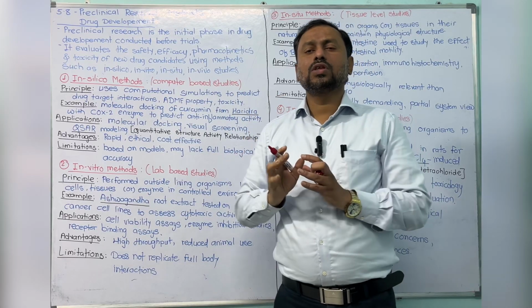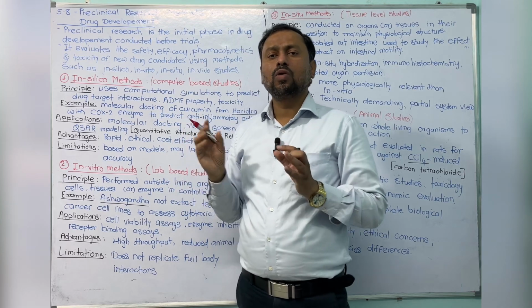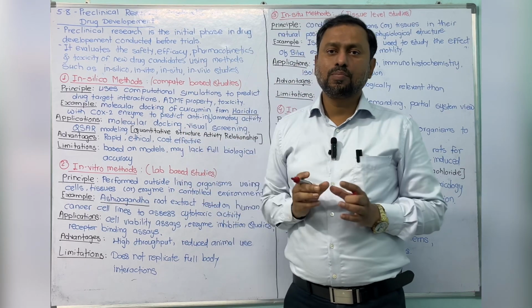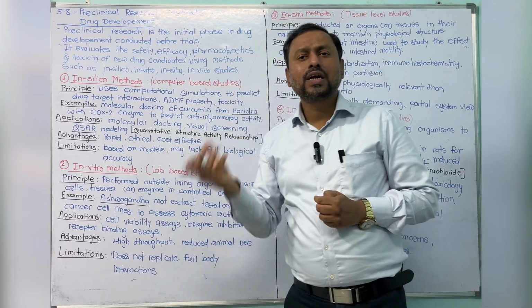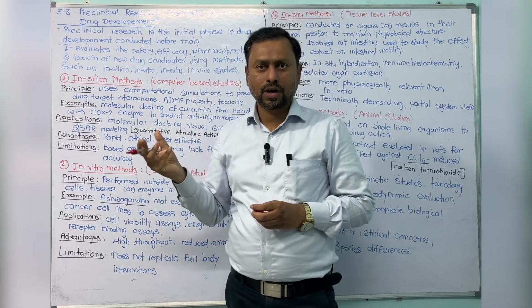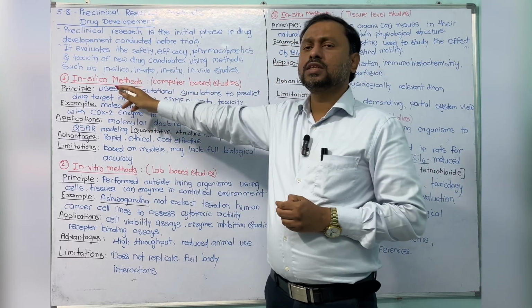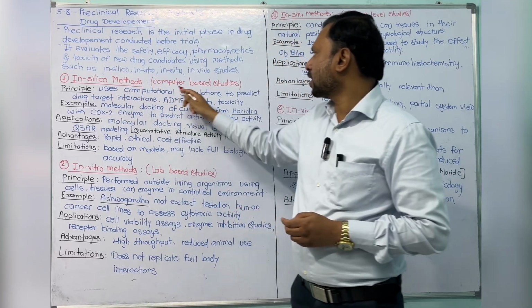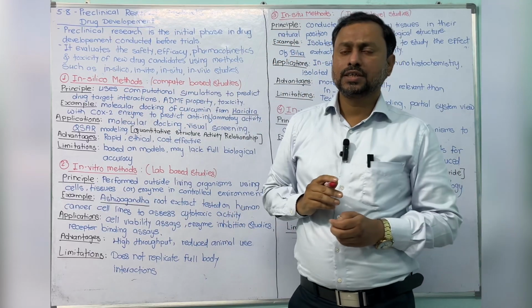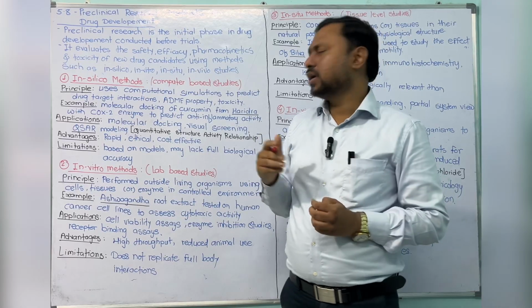It means that without using any humans or animals, only by using the computer, we are predicting how effective the drug is and how it works. In silico means analyzing through computer-based studies, predicting how the drug will affect.